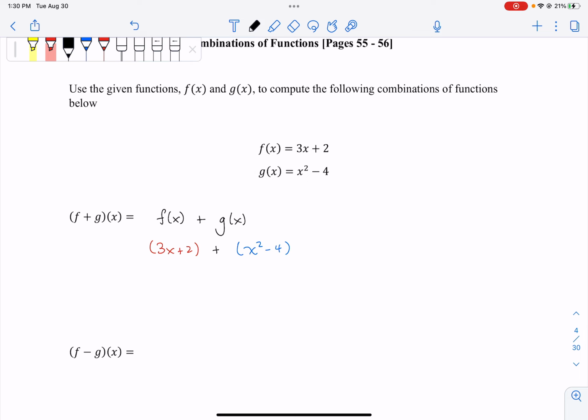So (3x plus 2) plus (x squared minus 4), because we realize there's no multiplication going on, there's no negatives on the outsides of the brackets, we don't really need them. So this is the same thing as 3x plus 2 plus x squared minus 4. And in 10th grade, we've learned how to order things properly. This is x squared plus 3x minus 2. And that is my answer.